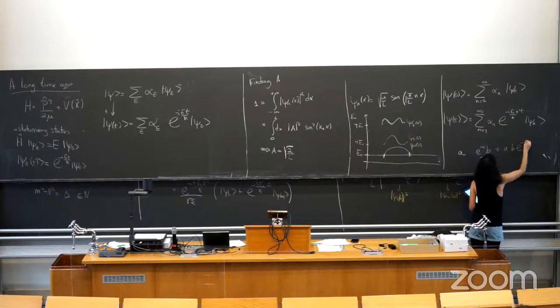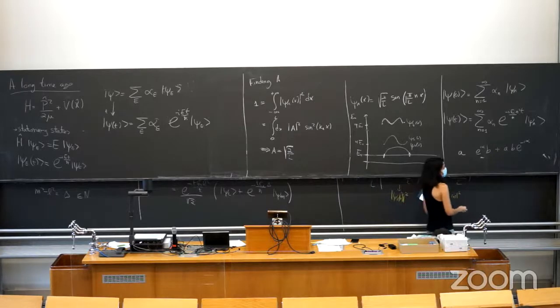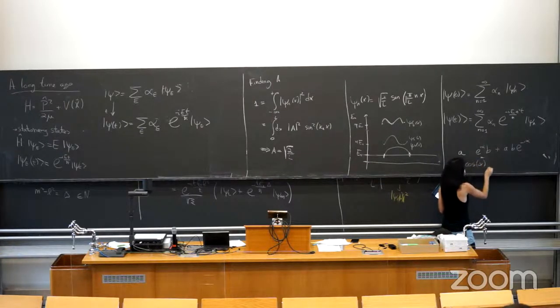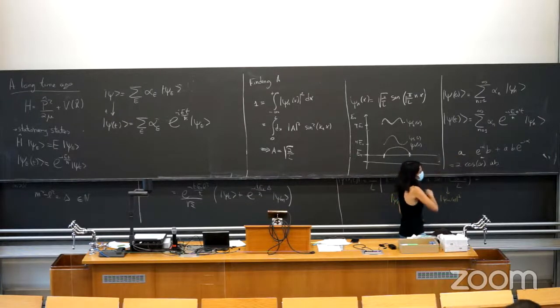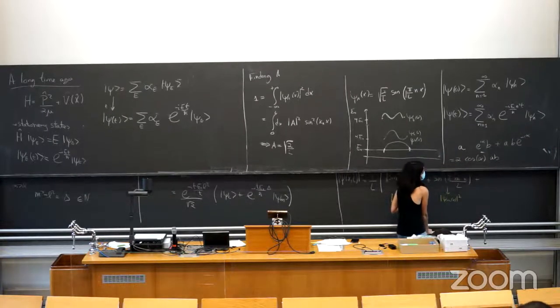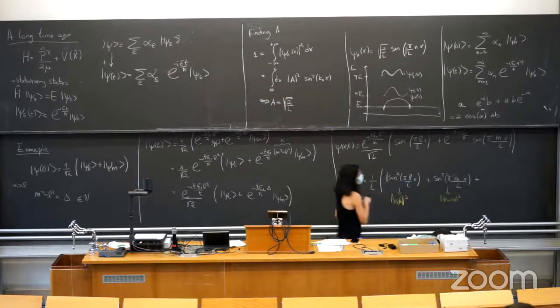Because we're not just doing the square, we're doing the modulus square. But A and B are real, so they don't change. But you have these two terms with a different sign, and it's the same trick as we did in the first lecture. So this is going to be 2 times cosine of alpha AB. Is that clear? So that's just what the interference part looks like in this case.